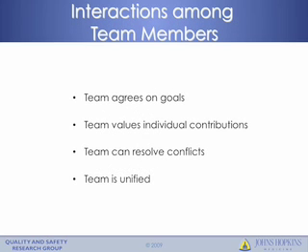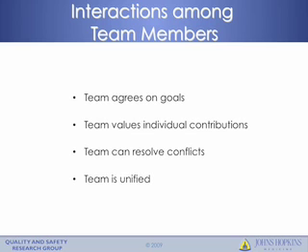And then finally, we also measure interactions among team members. If you remember from our Building a Team presentation, we talked about some of the important ways that teams operate together as an efficient unit.